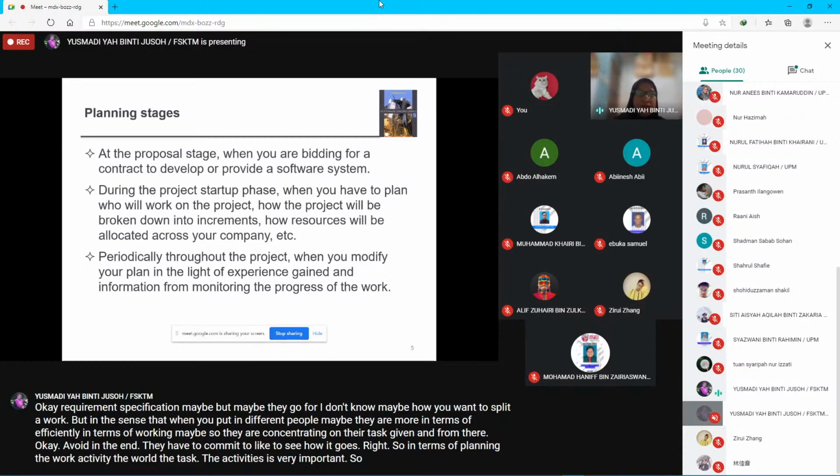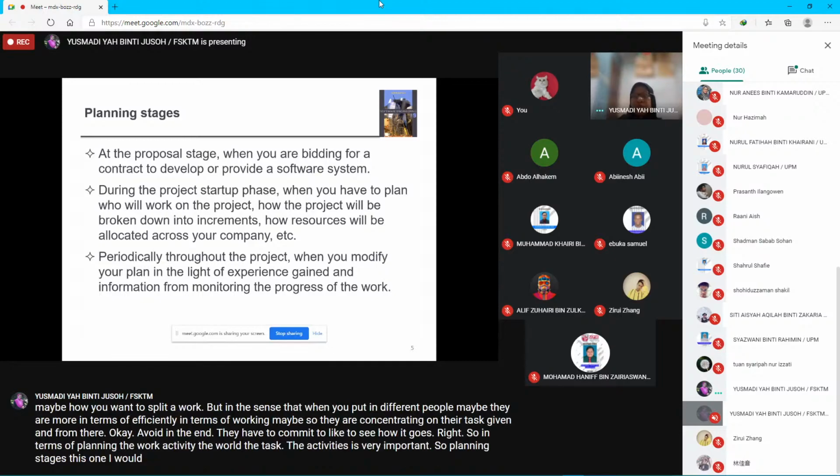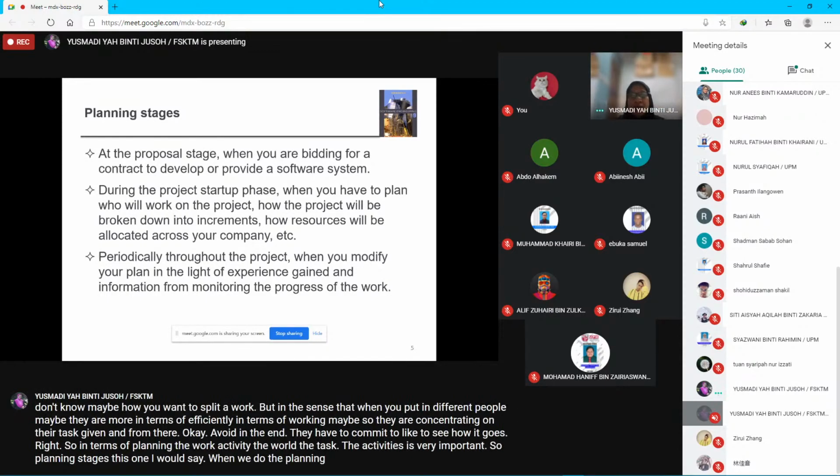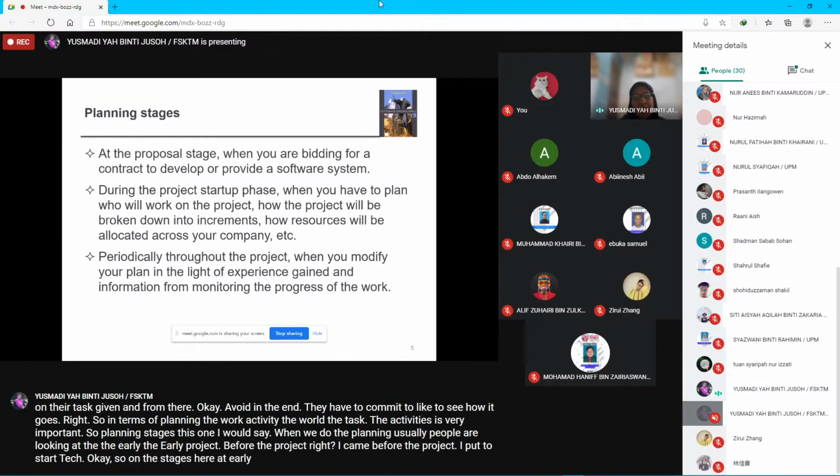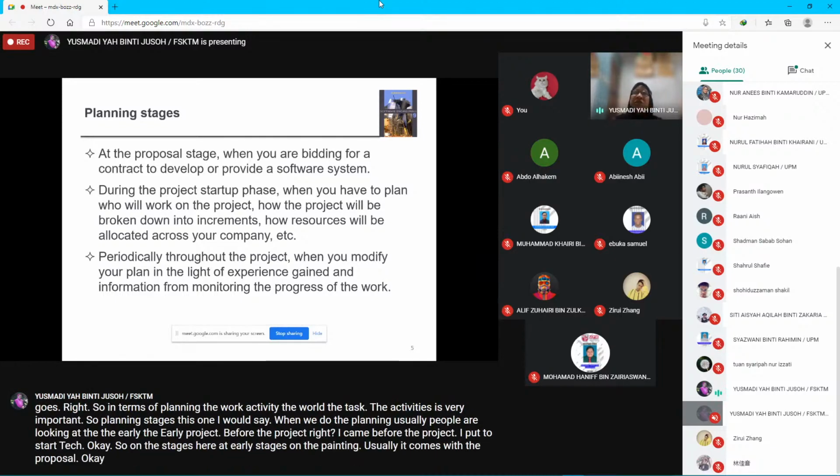So the planning stages. When we do the planning, usually people are looking at it early, before the project runs, before the project has started. At the early stages of planning, usually it comes with the proposal. A proposal is generally the idea about the project, but it's not that detailed.